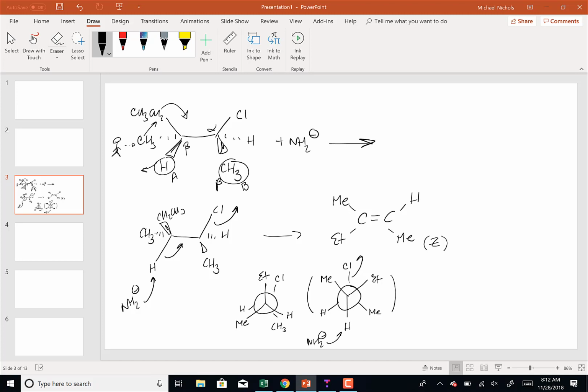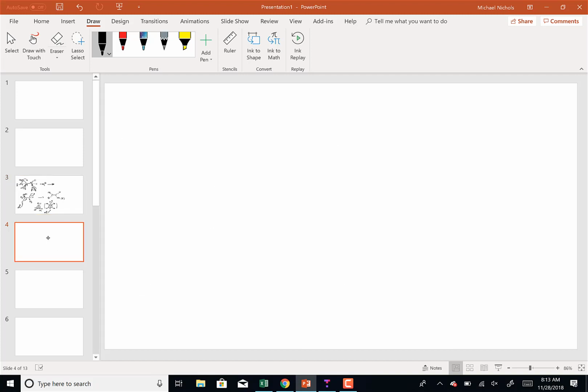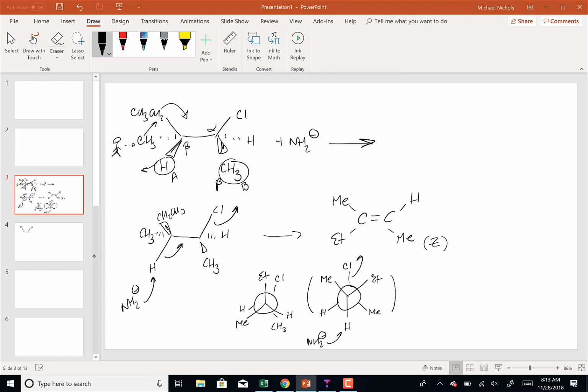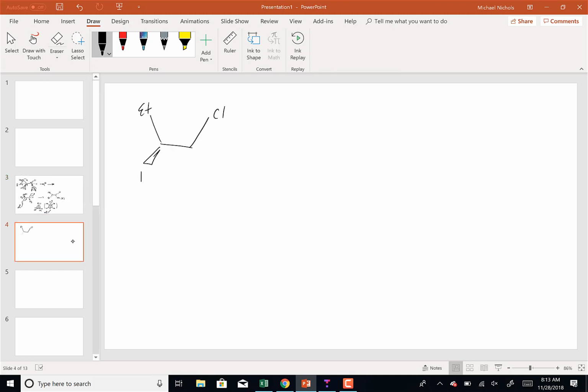If it was tertiary butoxide, let me see if I can just rewrite it. So if I said, react this, give me the major product with tertiary butoxide, then you would still do the same thing.